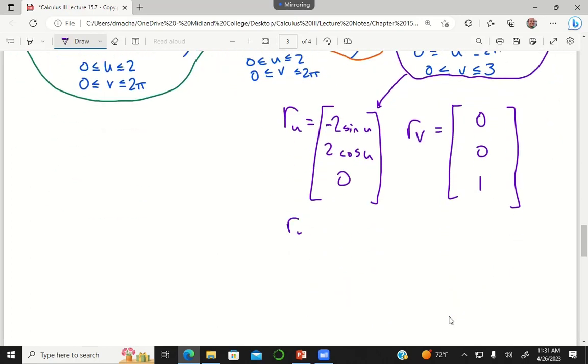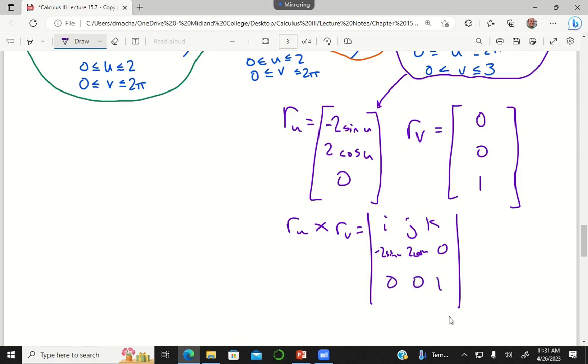The cross product of these is going to be the determinant of this 3 by 3 matrix looking thing, where I've got negative 2 sine u, 2 cosine u, 0, 0, 0, 1. And so this is a 3D vector. The first entry is 2 cosine u.